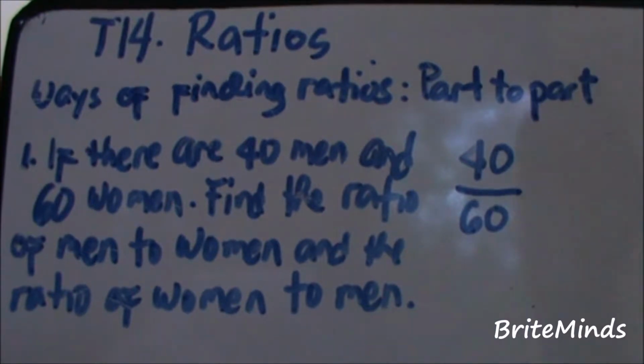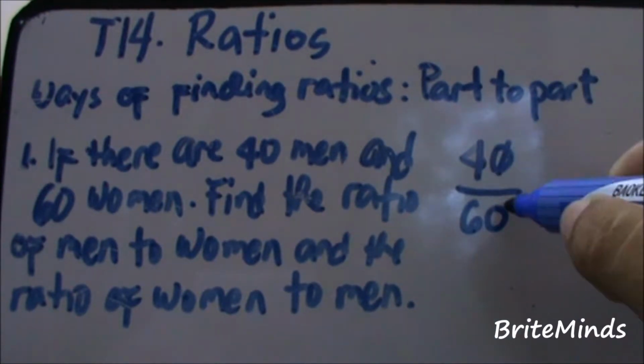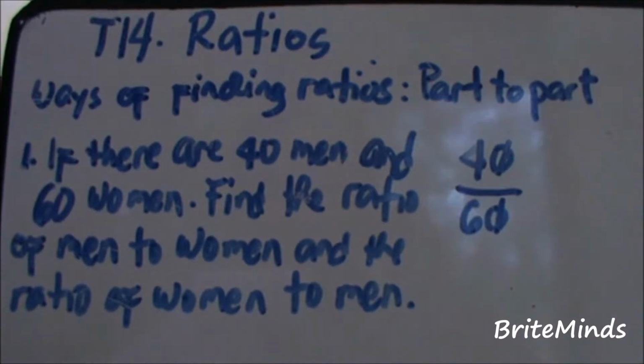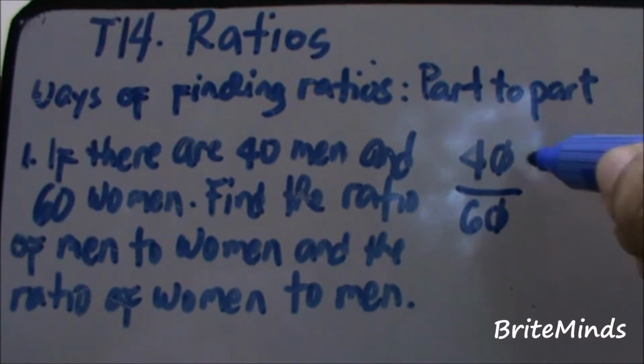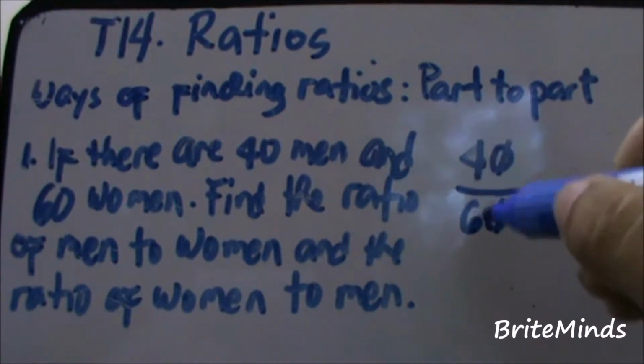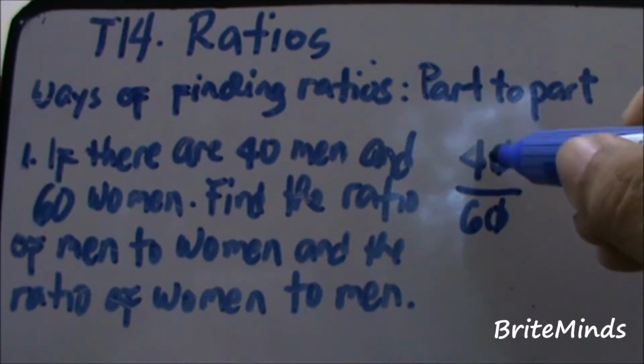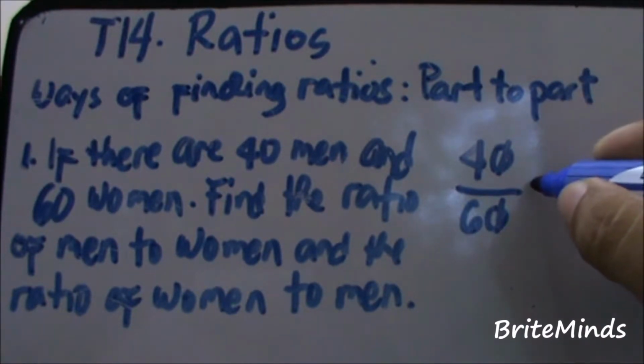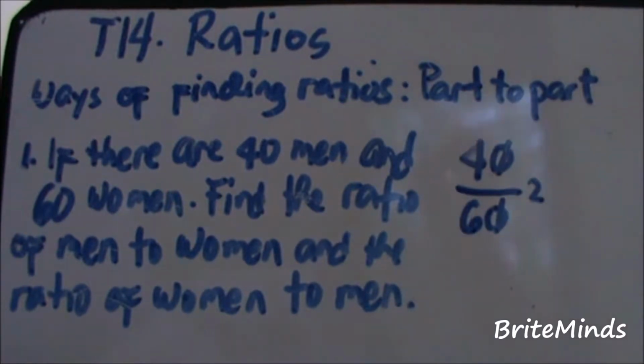So we can cancel the zeros. Then we need to reduce it to lowest terms by finding the factor that is common between 4 and 6. We can divide 4 by 2.